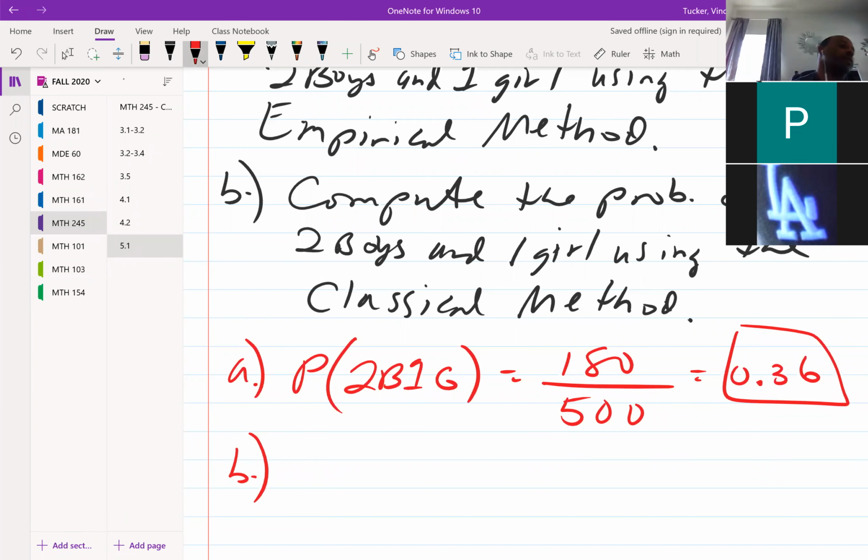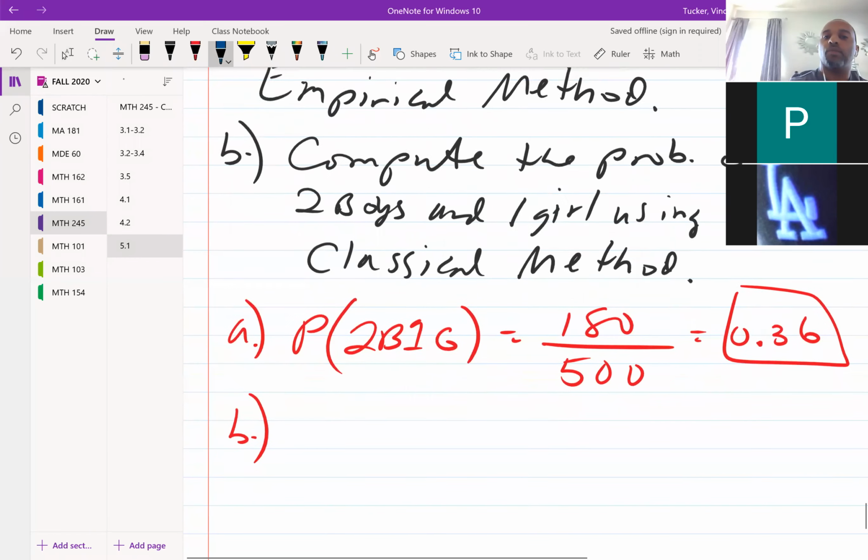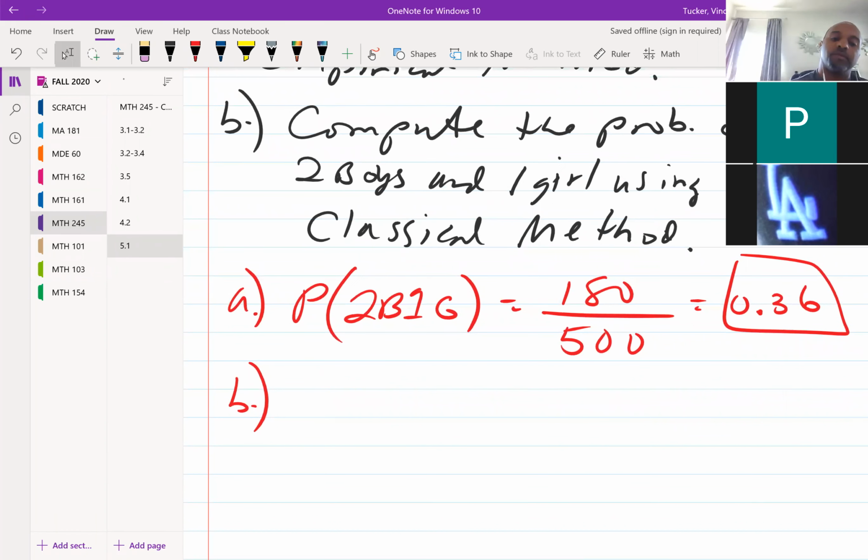Now the classical method adds a little bit more to it. So we have to analyze what could occur. So we have firstborn, second, and then third.